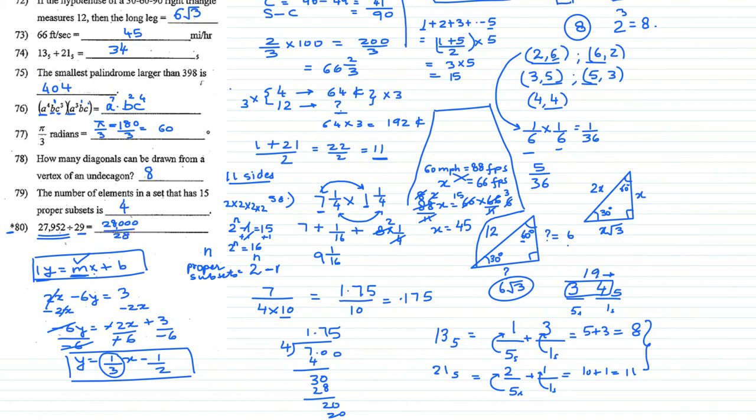So I'm approximating 29 to 28. So this will give me an answer of 1,000, and that should be close enough.